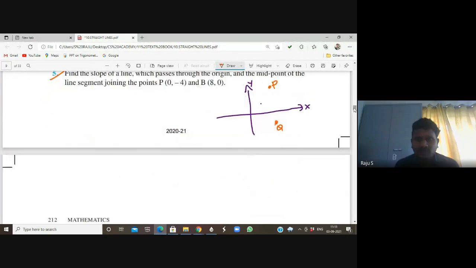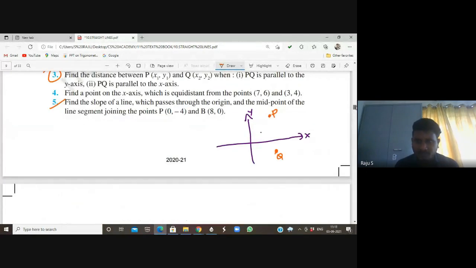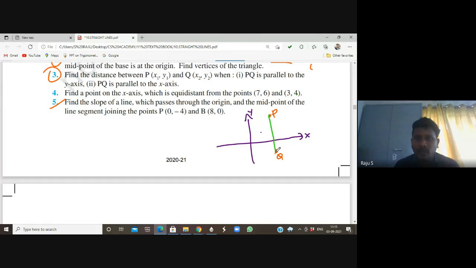It's not necessary that Q is in the fourth quadrant and P in the first quadrant. Wherever you take, you may take P in the second quadrant and Q in the third quadrant, or P in the third quadrant and Q in the second quadrant, or both in the first quadrant. But anyhow, if we join both the points, this line segment must be parallel to the y-axis. Is it parallel to the y-axis or not?